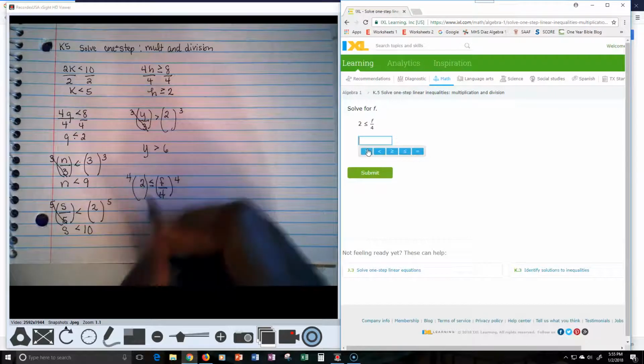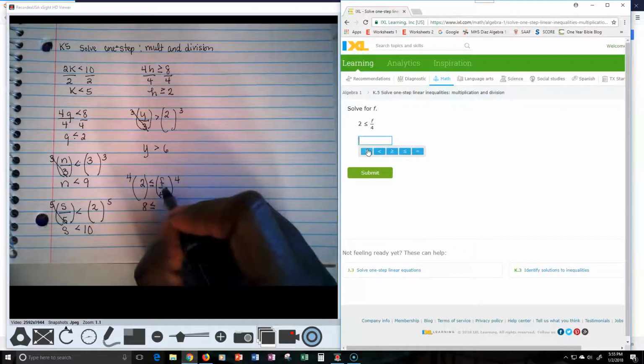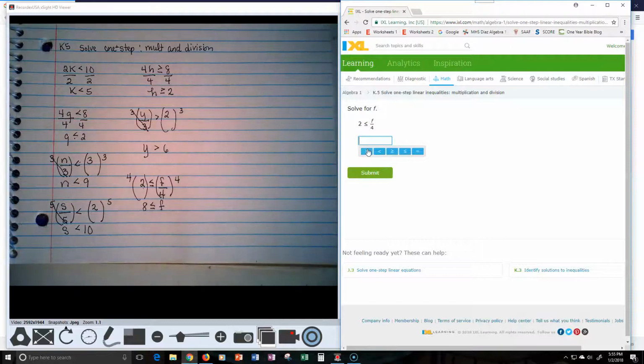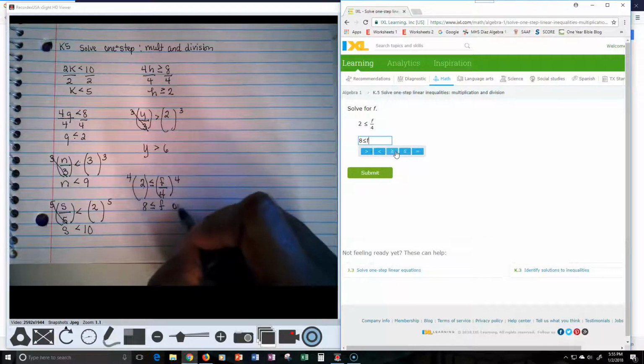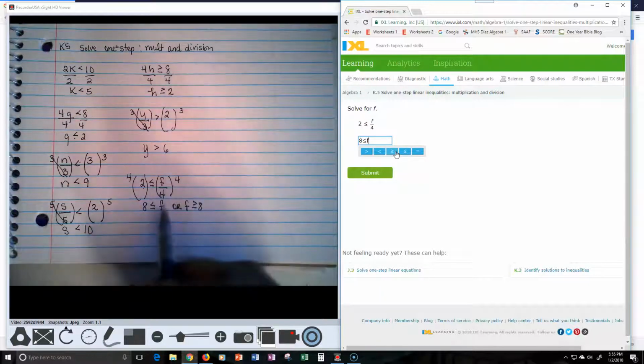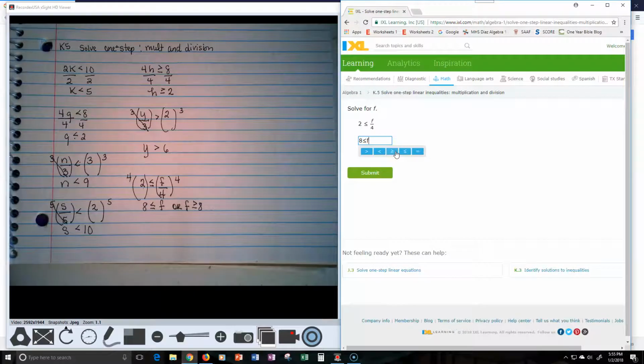And I have 4 times 2 is 8, which is less than or equal to 4 multiplied by f is 4f divided by 4, leaves me 1f. So I can say 8 is less than or equal to f. Now, if you get confused by this, you could say f is greater than or equal to 8. As long as you keep the signs facing the same way, you should be fine.